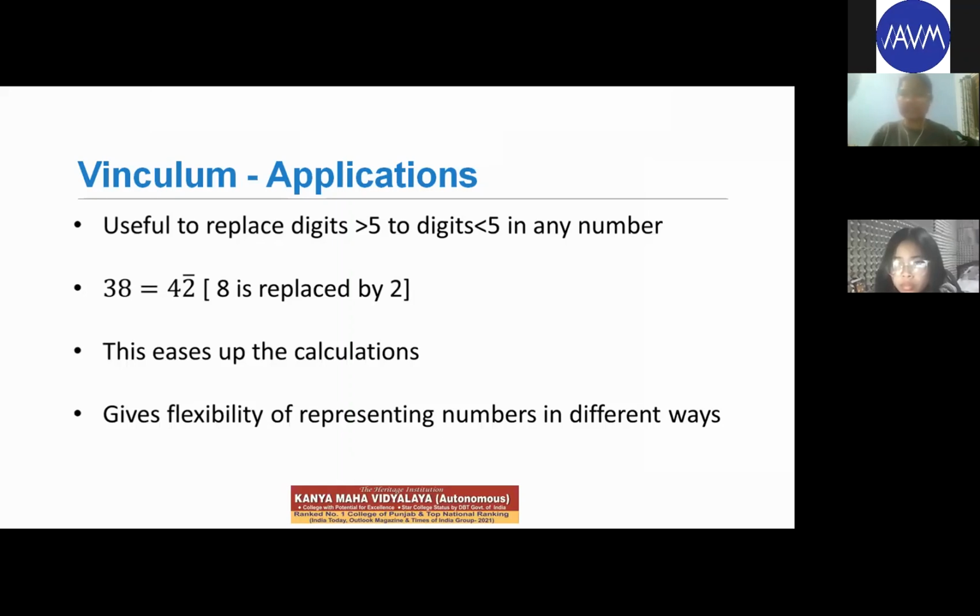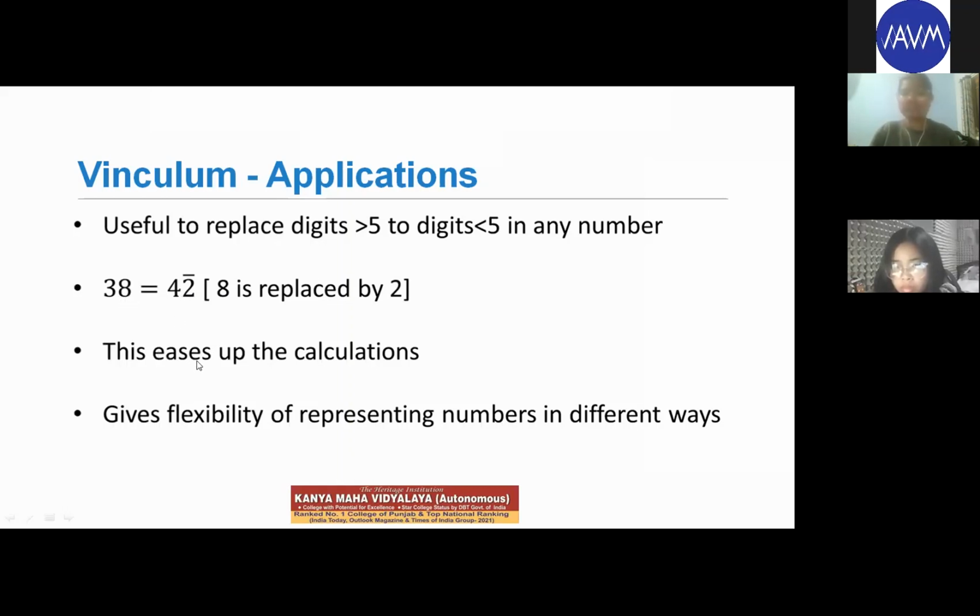Here is an example, 38. Using Vinculum, I converted it into 4 2-bar, a bar put above the 2. Here, 8 is replaced by 2. You can see 8 is obviously greater than 5, whereas 2 is less than 5. So we replace the particularly hard digit 8 with the very easy digit 2.